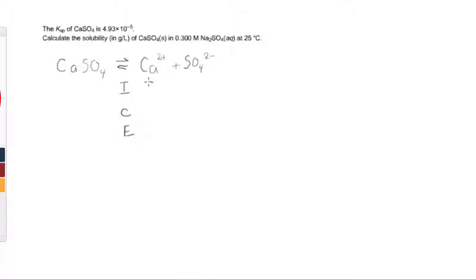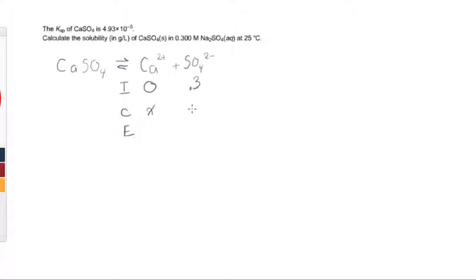We have 0 calcium to start with. How much sulfate do we have? Well, right here we're told we have 0.3 molar sulfate. How much are we going to get of calcium? Well, we're going to get X, and that's only the solubility.